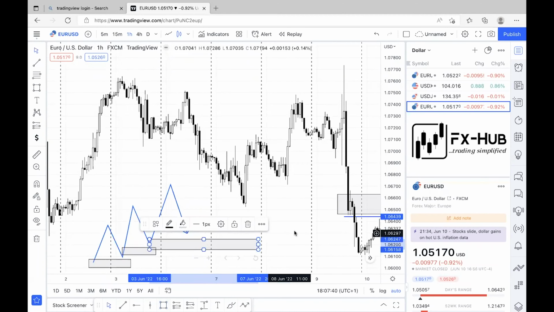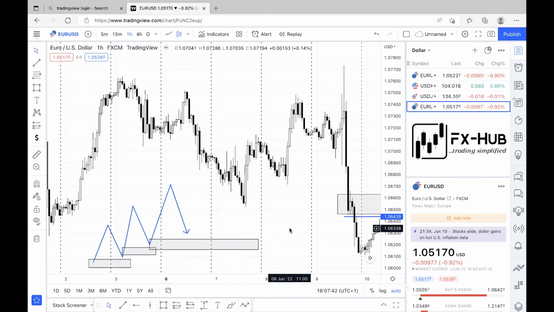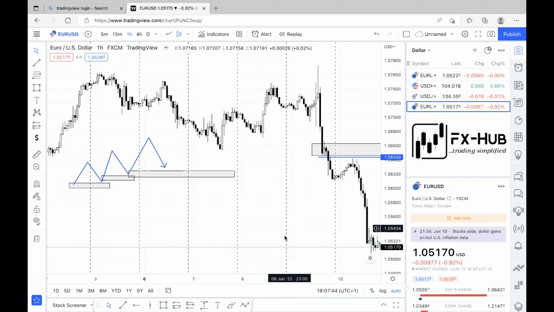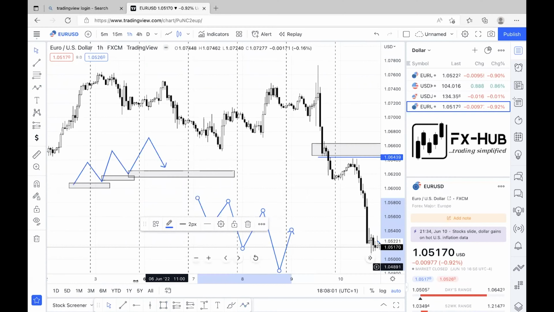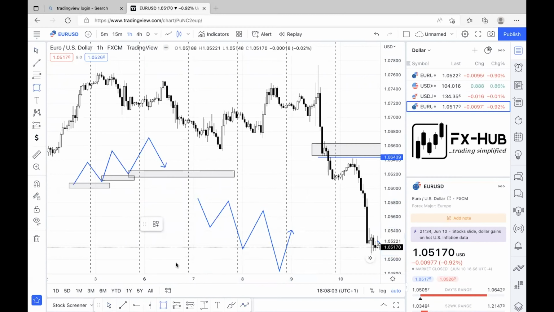If you invert this very structure, meaning in a bearish trend this way, our concern should be this lower high and lower high.